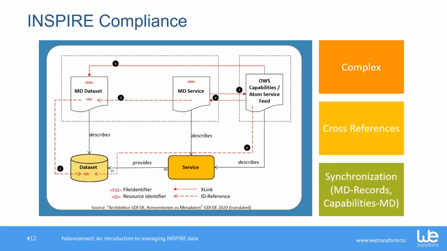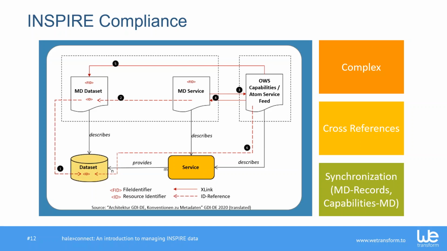The creation of these resources takes some amount of effort. They're all cross-referencing each other, so each of the metadata sets contains references to the data set. You can see that in this diagram displayed by the red arrows.